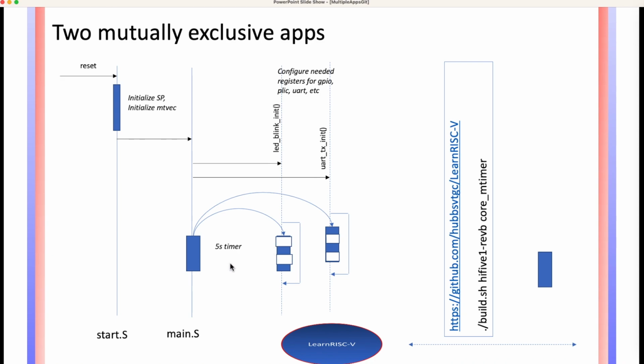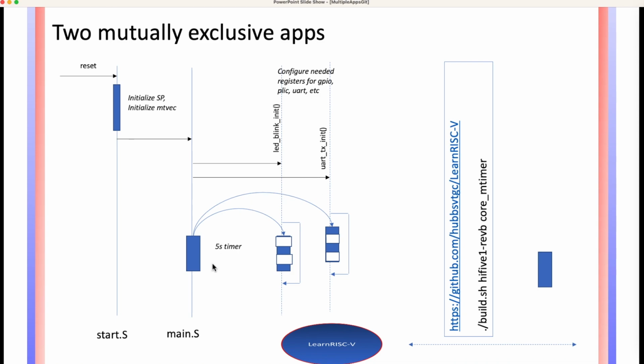Then in the next timer interrupt, after 5 seconds, the execution would be switched to the UART transmission loop, where a UART byte would be transmitted through the UART port.